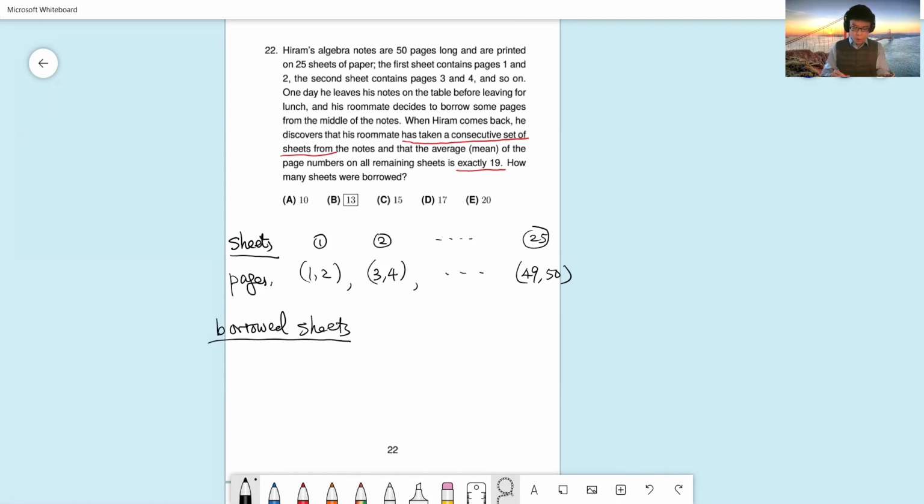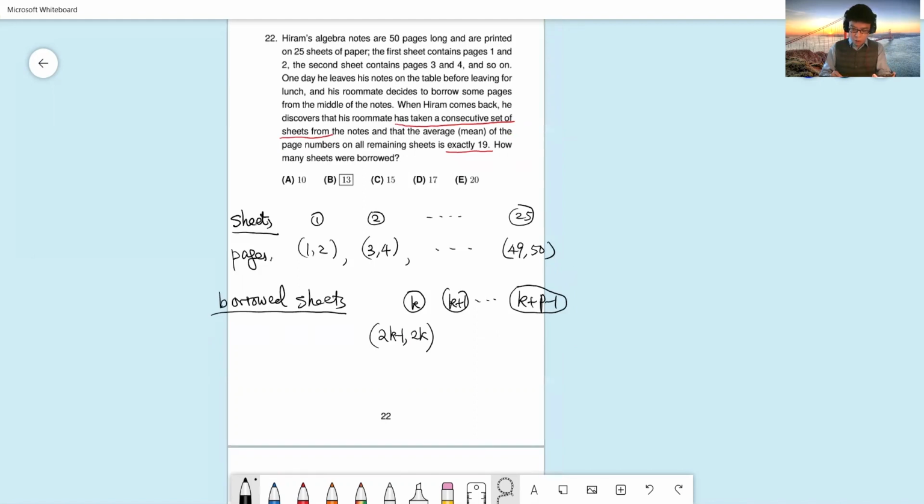Suppose we borrow the sheets from K sheets, K plus 1 sheets, up to the K plus P minus 1 sheets. That means we borrow P sheets. We need to find P, the number of sheets borrowed. So here, K sheet number is 2K minus 1, and 2K, that's from the K sheets.